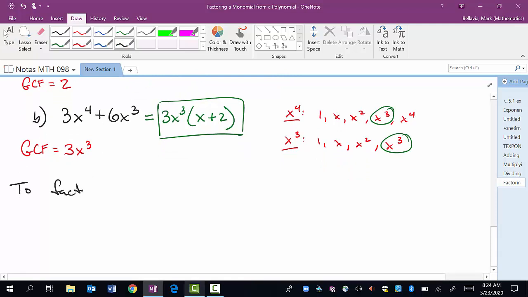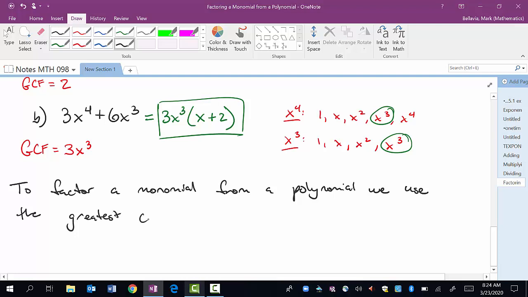So to factor a monomial, which means single term, from a polynomial, something that has multiple terms, we use the greatest common factor, which we call the GCF. Right, so we use the greatest common factor.